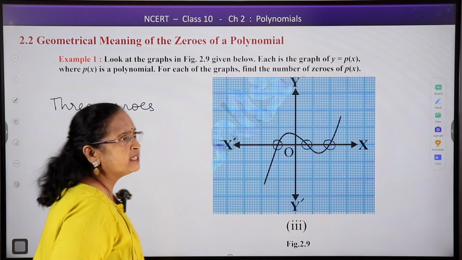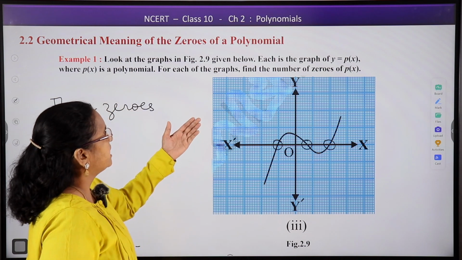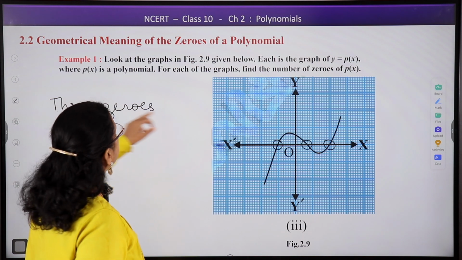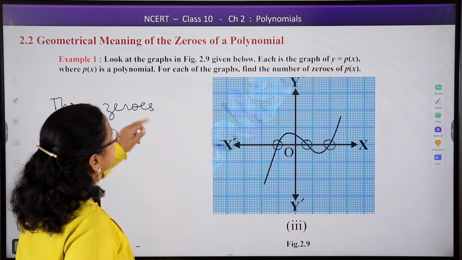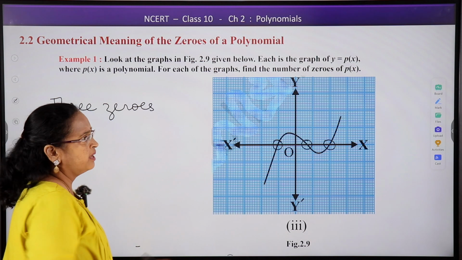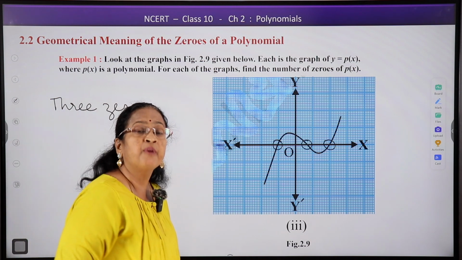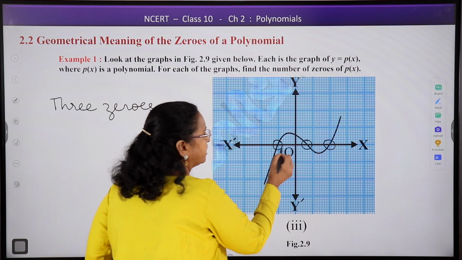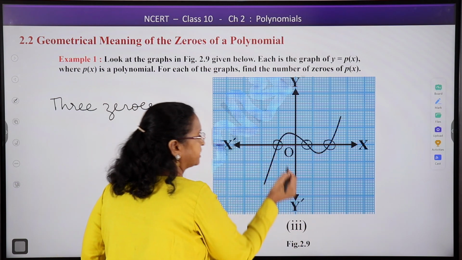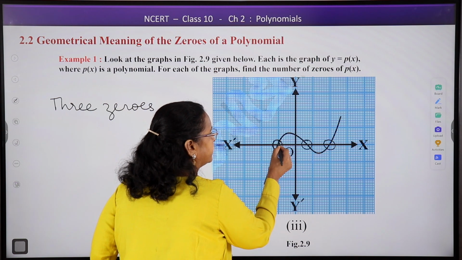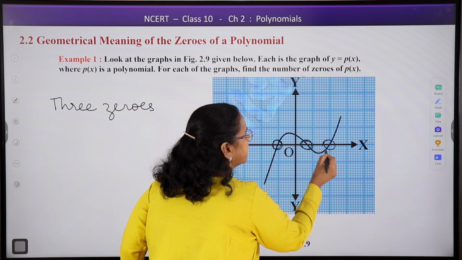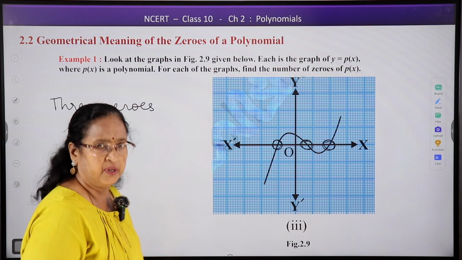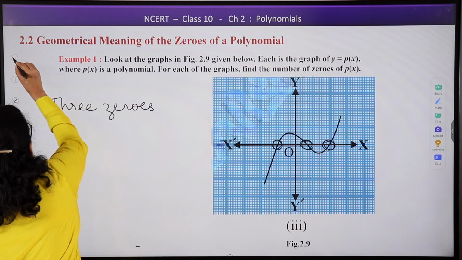So the answer is 3 zeros. Why? Because the graph given in part 3 of the question touches the x-axis at 3 points.